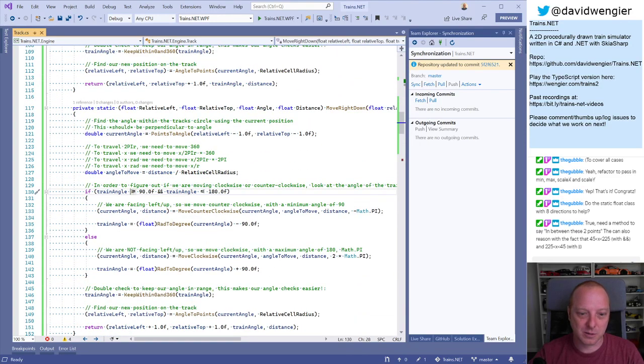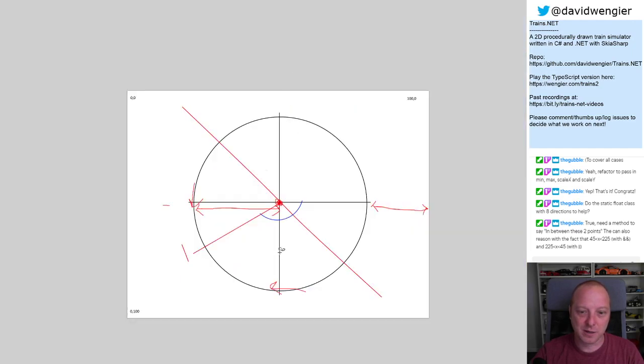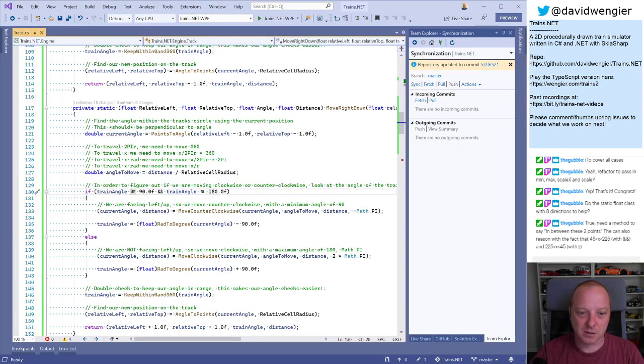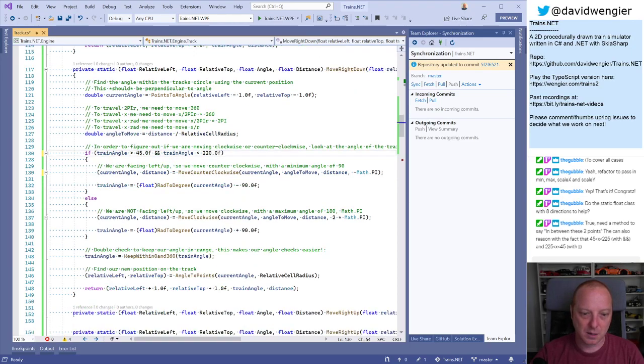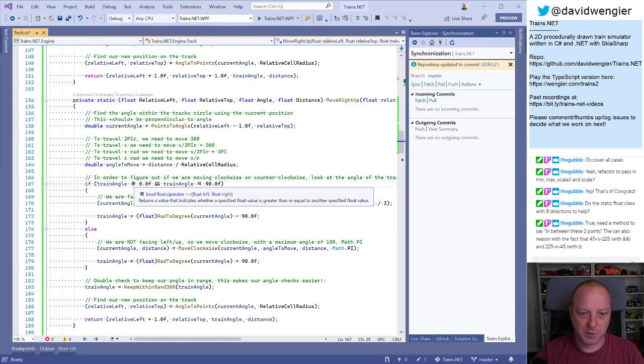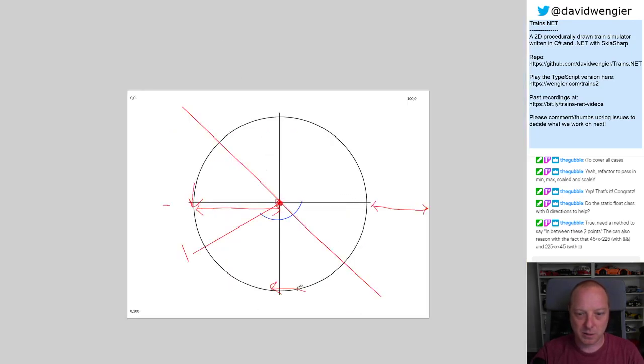Let's just quickly do this. So greater than, so what I said here was inclusively between 90 and 180. So what I mean is greater than 45 and less than 225. I think. And here we have between 0 and 90, which is here and here.